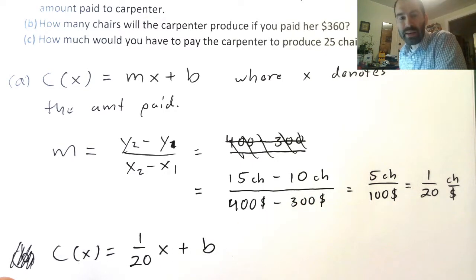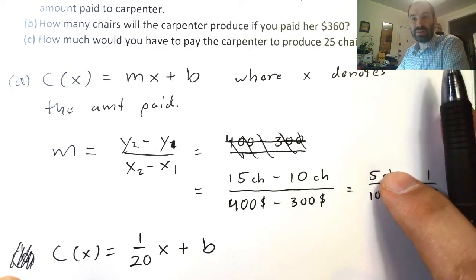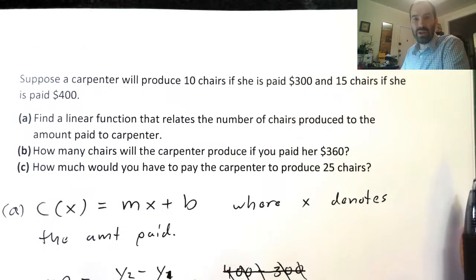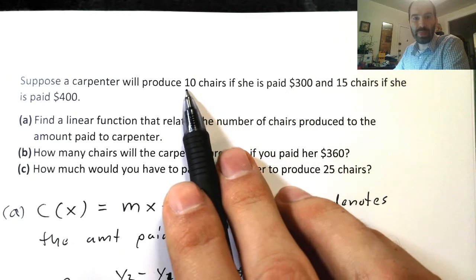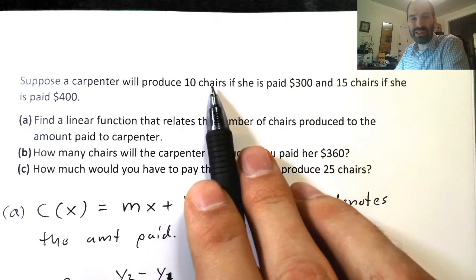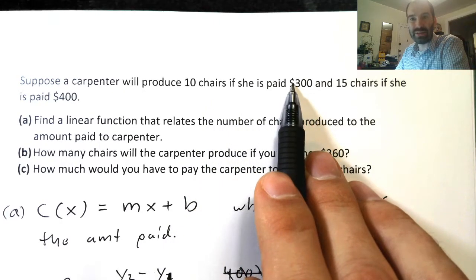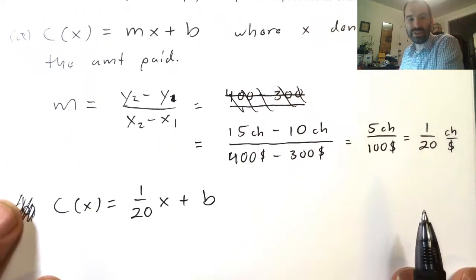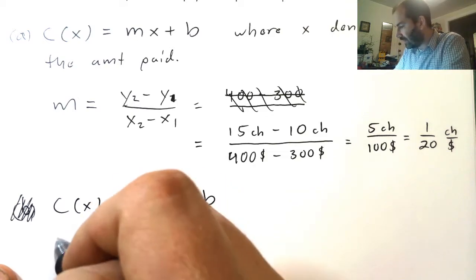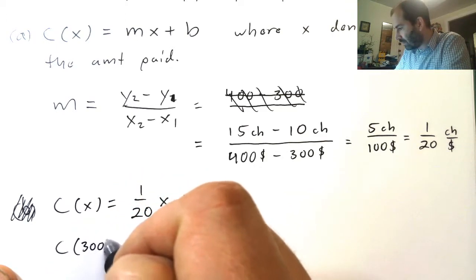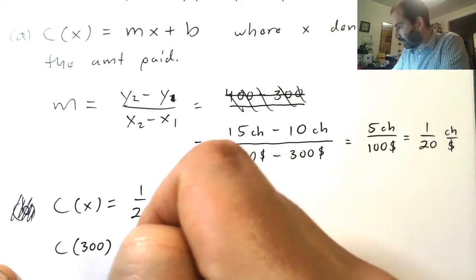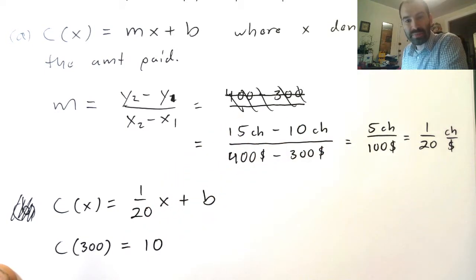How do I get my b? If you remember from a previous video, we did problems just like this. We can find b if we use information about the points that the function passes through. We know that to produce 10 chairs, she needs to be paid 300. So when x is 300, she will produce 10 chairs. What's C of 300?